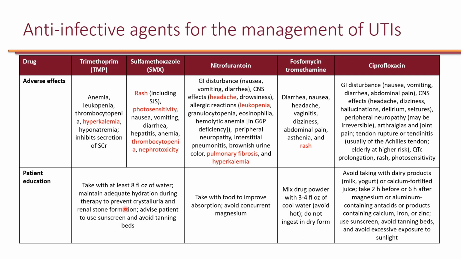It can also cause peripheral neuropathy, interstitial pneumonitis, and it can also make the urine change to a brownish color. And with chronic use, it can also cause pulmonary fibrosis. Lastly, it can cause hyperkalemia. It is recommended that nitrofurantoin be taken with food to improve absorption and that patients avoid concurrent magnesium products, which can reduce the absorption.